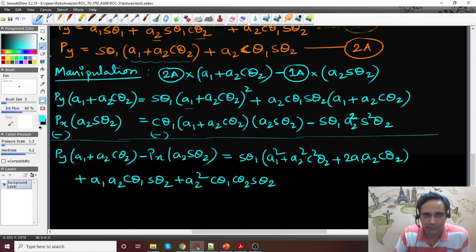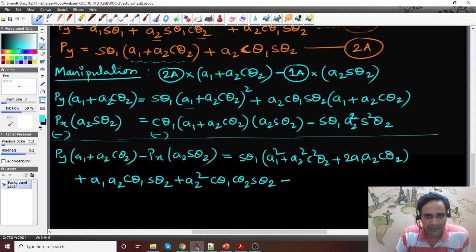Now the lower term, we'll again have to expand it. Okay, so there's a negative term here because we are subtracting it, so I'll write minus outside.